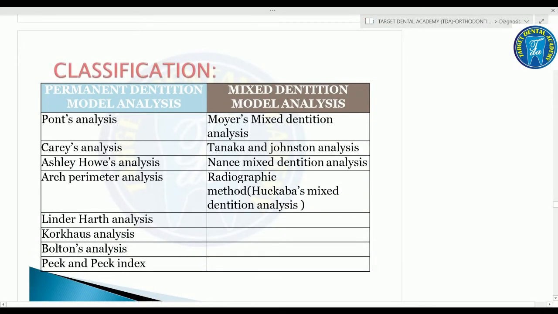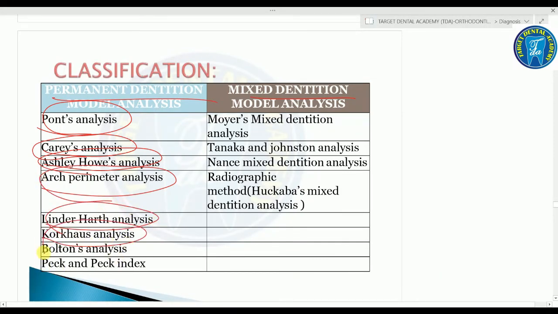Coming on to the classification, again, permanent dentition and mixed dentition model analysis. In permanent dentition, we usually follow Bonn, Carey's, Ashley-Howe analysis, arch perimeter, Linder-Harth, Korkhaus, Bolton's, and Pont's. And in the mixed dentition: Moyers mixed dentition, Tanaka-Johnson, Nance mixed dentition, and the radiographic one, that is Hixon-Oldfather's mixed dentition analysis. Out of these, the most commonly used are Bonn's analysis and Carey's analysis. Carey's analysis is when you perform the model analysis on the lower cast.